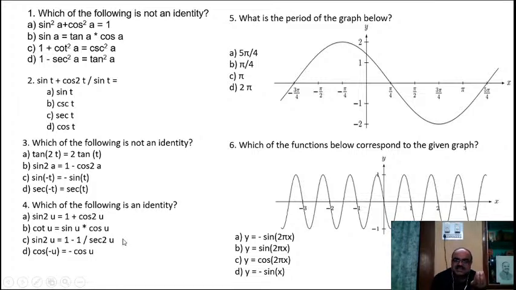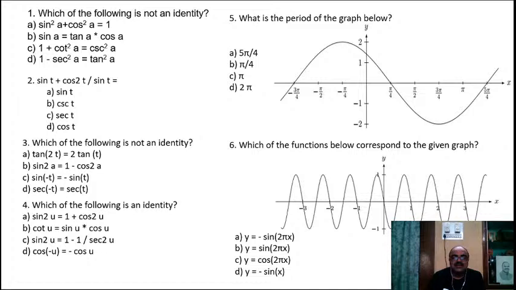Friends, very simple questions. You get confused and you go with something else. You need to be very careful. Here, fourth, you need to be careful. Which of the following is an identity? First one, sin square u equals 1 plus cos square u. Cot u equals sin u into cos u.